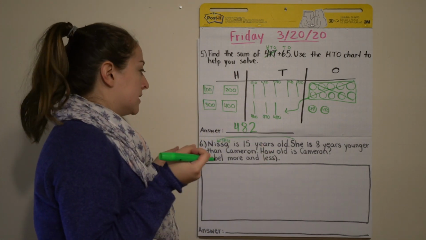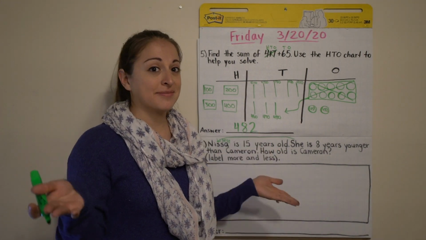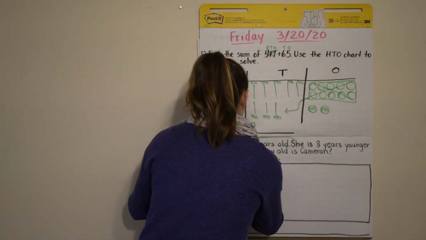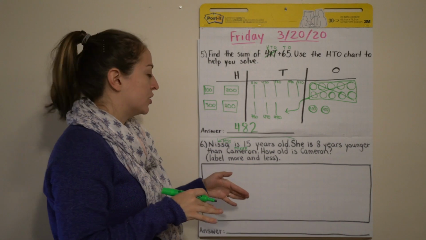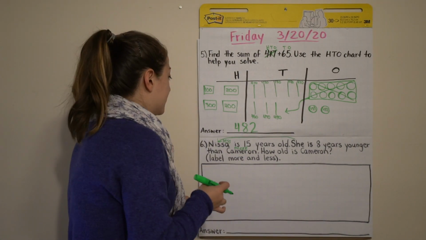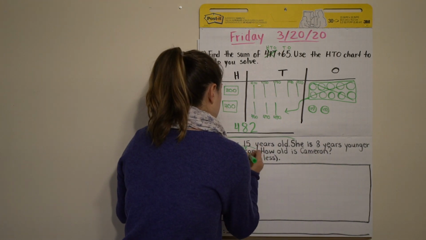So if Nisa is less, then Cameron would have to have more, correct? Okay, so we're going to write more on top of Cameron. And we're going to read the question. How old is Cameron? So we have to figure out how old Cameron is. We're going to circle Cameron.